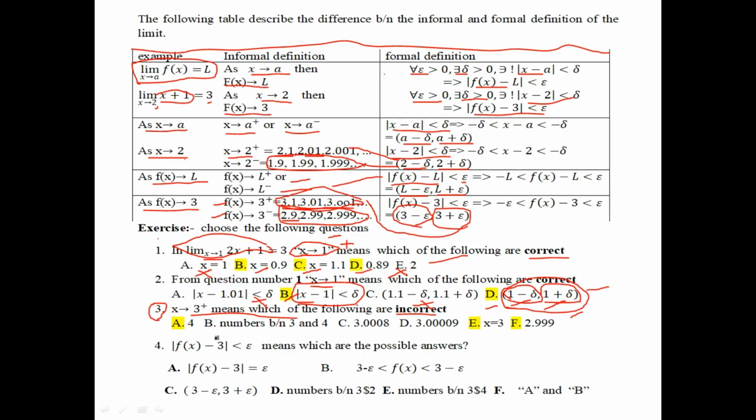So we will choose the incorrect one: A is incorrect, because as x approaches 3 from the right, we cannot represent 4. B is correct, values between 3 and 4. C is incorrect.